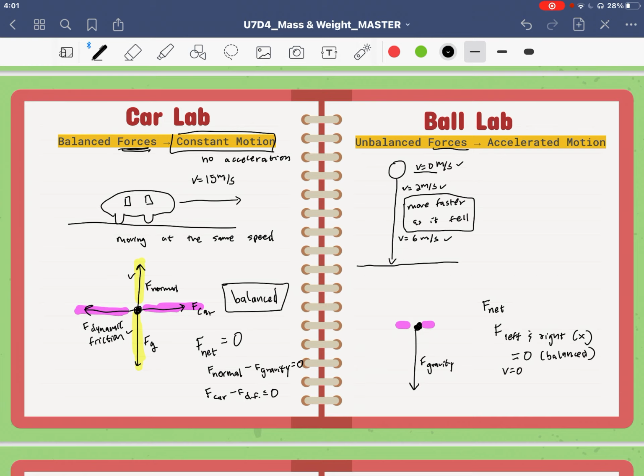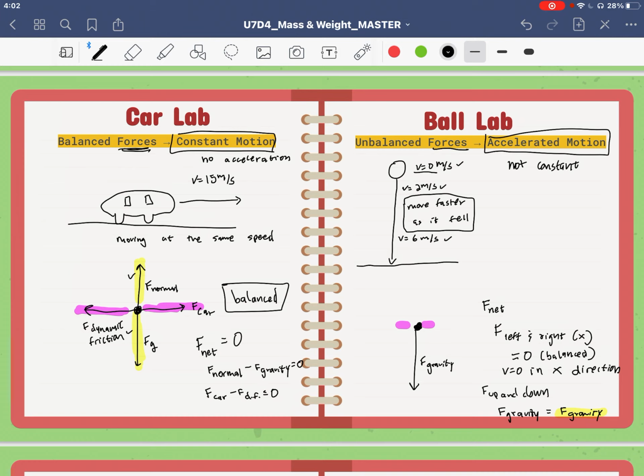We have velocity equals 0 in the x direction, or right and left. However, if I look up and down, I see I have F of gravity, the force of gravity, minus nothing is just going to be the force of gravity. And so all of a sudden, I have an unbalanced force, whatever amount that force of gravity is, which means I have accelerated motion, not constant.